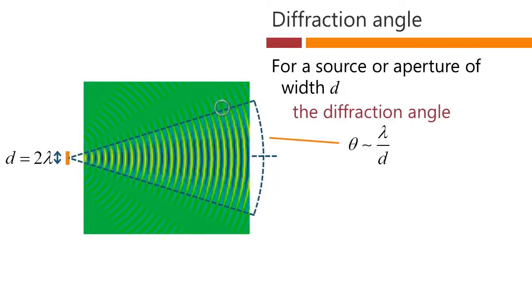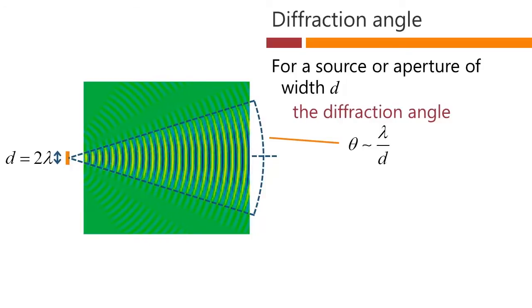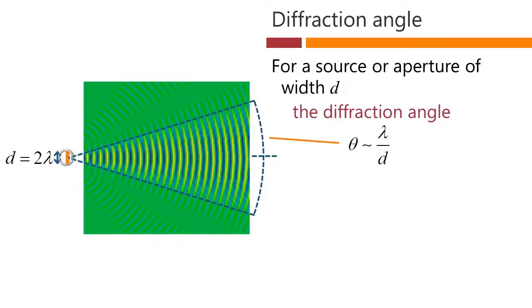Do you choose it as this point, or this point, or some other point here? But no matter which point you choose, you still get the same basic result, that the diffraction angle is proportional to the wavelength and inversely proportional to the size of the aperture or the source. And lambda is our wavelength.